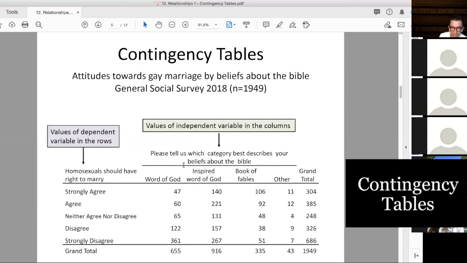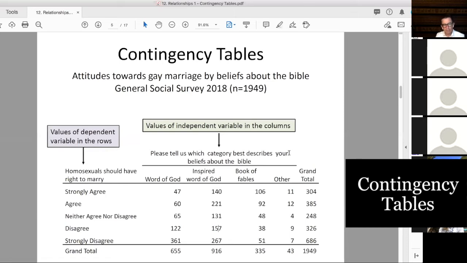So this is a cross tabulation, right? We have two variables. We have the absolute frequency distribution for both variables, right? And then we have the cross tab, which is the respondents that responded jointly on two categories of each variable.